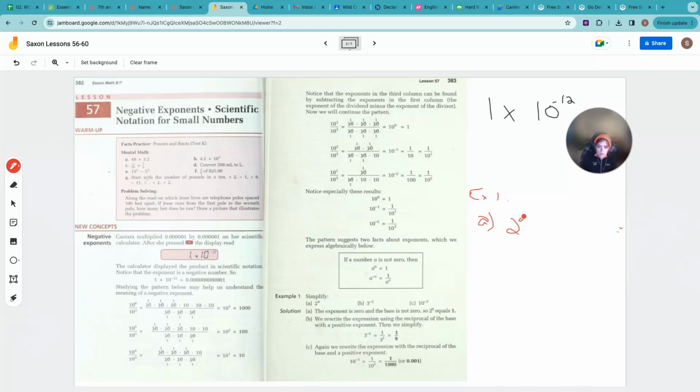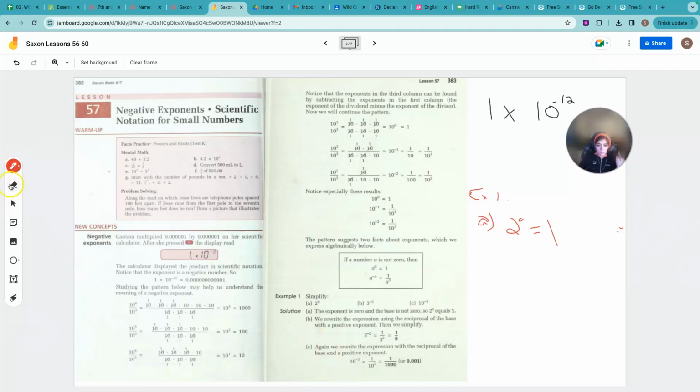Oh, it says the exponent is 0. So if the exponent is 0 and the base is not 0, 2 to the 0 power will always equal 1. It doesn't matter what the bigger number is, it's going to be 1. So just remember that.